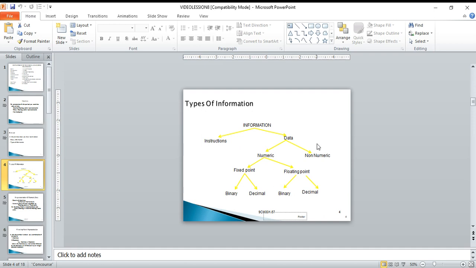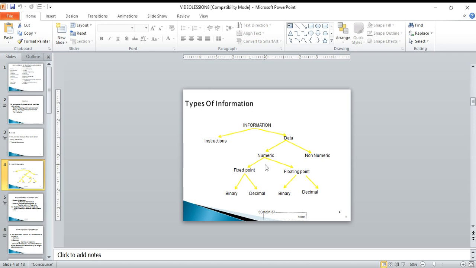Here, once again, the data can be divided into two parts: numeric data and non-numeric data. The numeric data can be represented in the form of fixed point representation and floating point representation. In fixed point representation, binary data can be represented, and decimal data can also be represented. Then comes floating point representation.